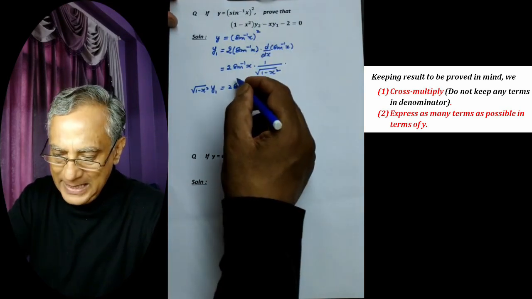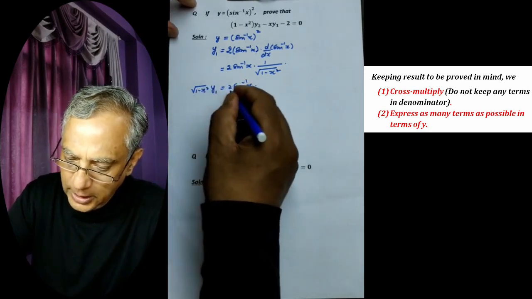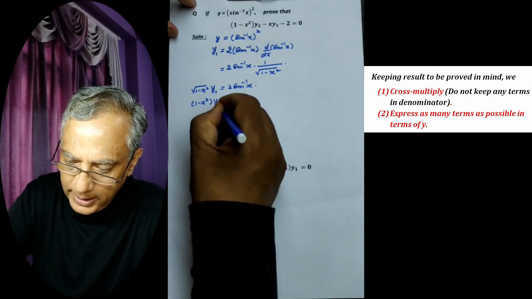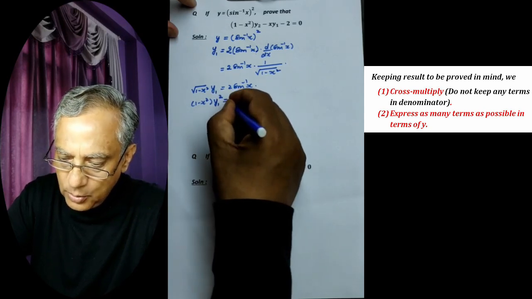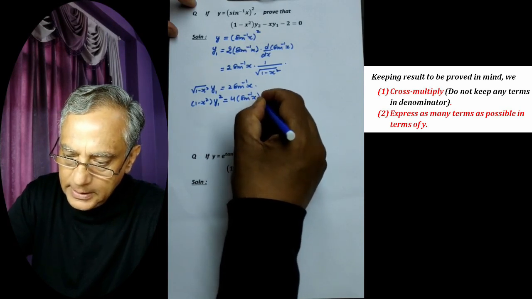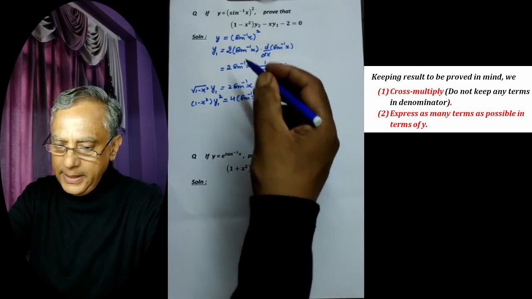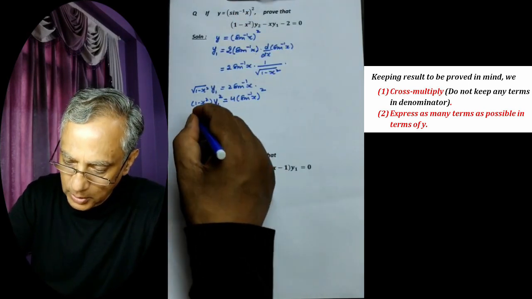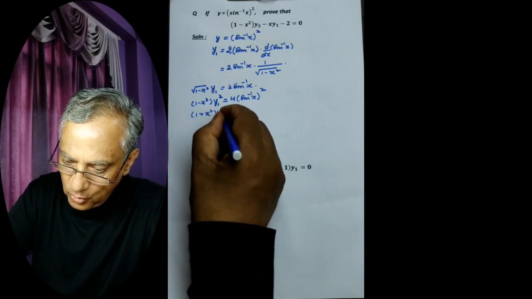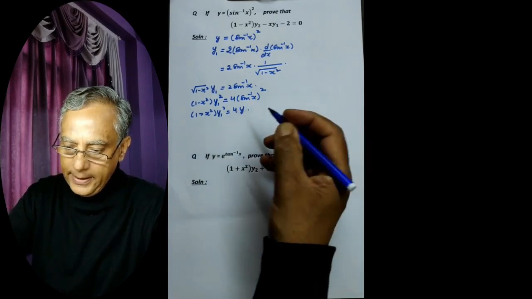What we do is square both sides. 1 minus x square into y1 square, and this will be 4 sine inverse x whole square. Now we replace this by y. So what we get is 1 minus x square into y1 square is equal to 4y.